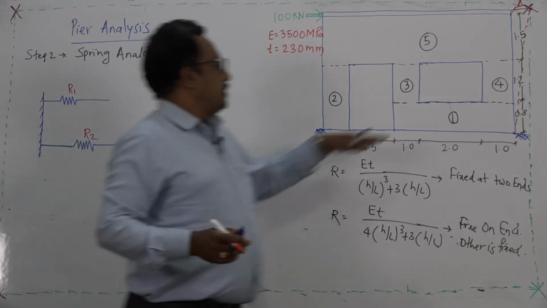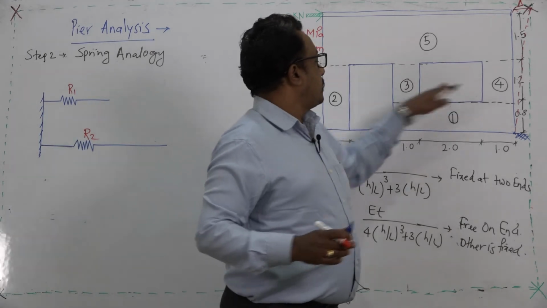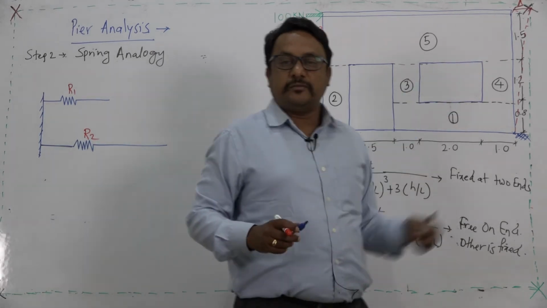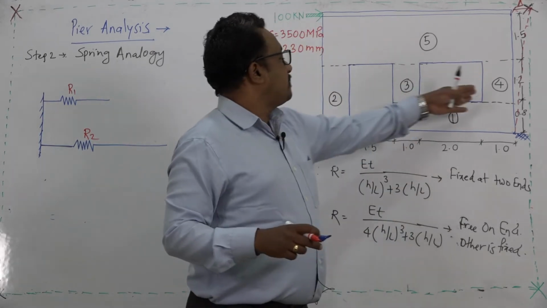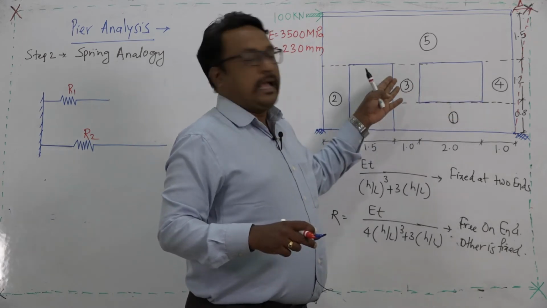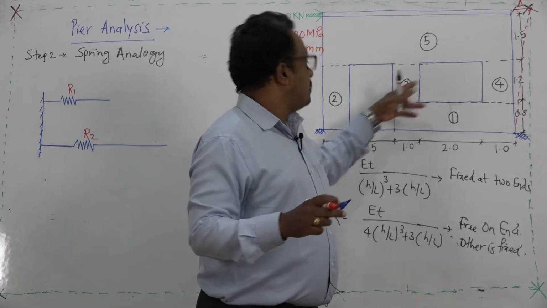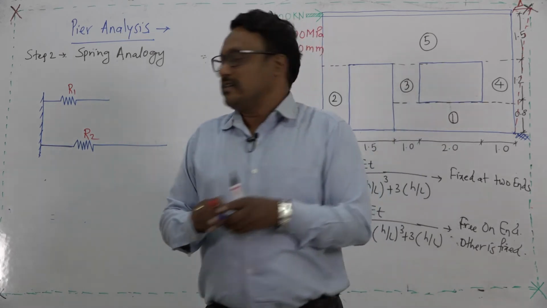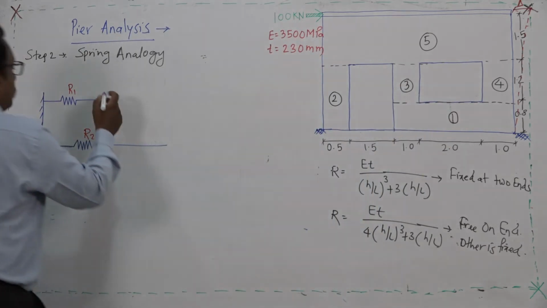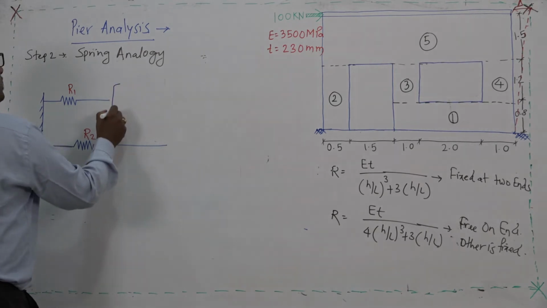Now, if we look at the location of pier 3 and pier 4, both these piers are arranged in series, at the same time both these piers are parallel to each other. So, that logic we will implement here.